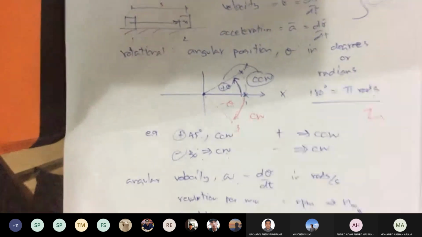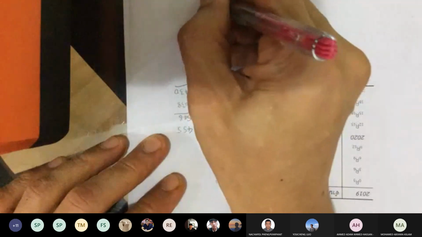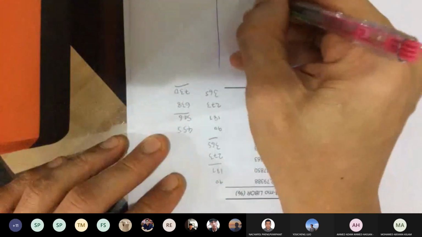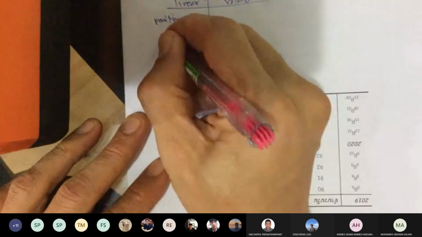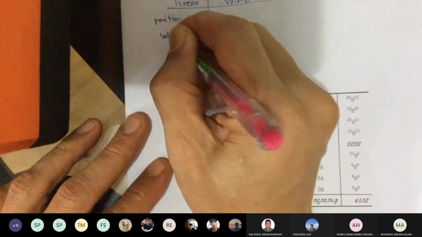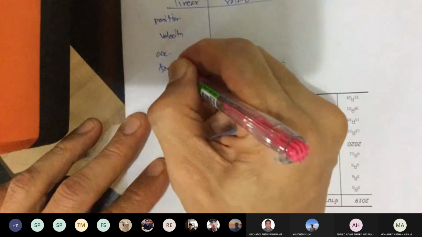So if I draw a table for analogy between these, I'm going to use scrap paper here. Linear, rotational. You have position, velocity, acceleration, force.